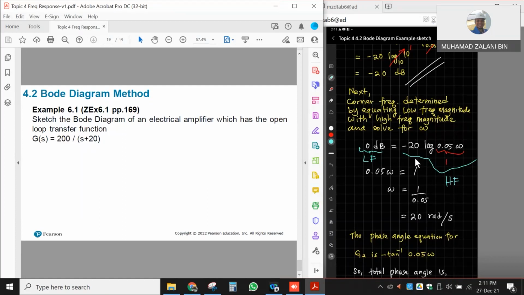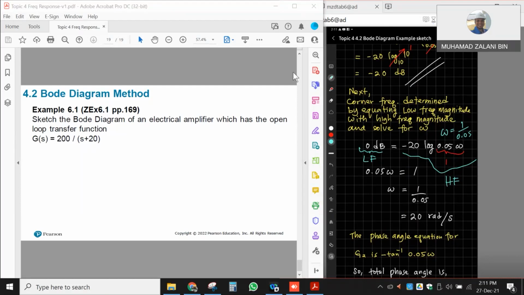We solve for omega when omega is equal to 1 over 0.05. Then we can cancel this to become log 1, so that remains negative 20.